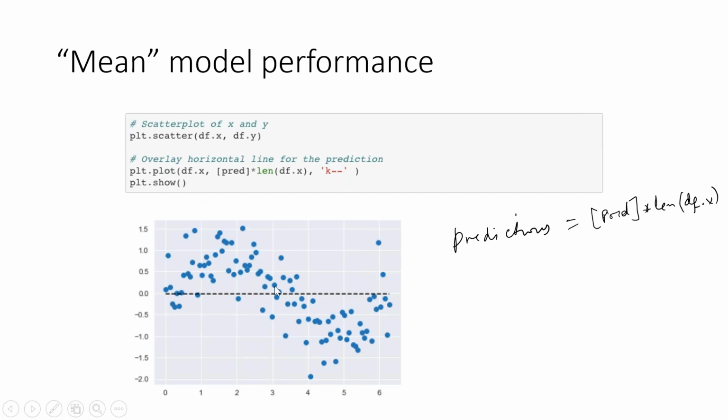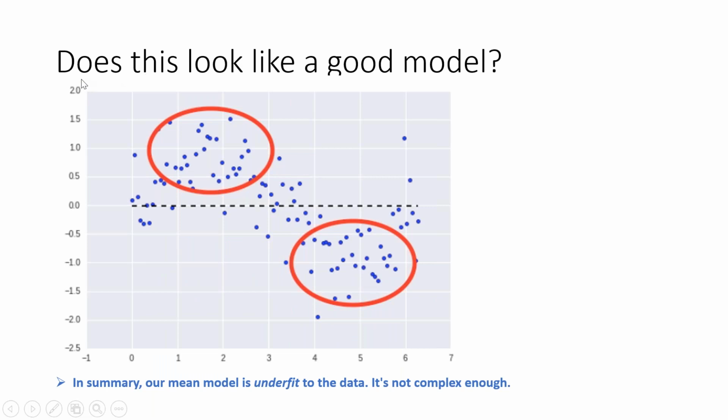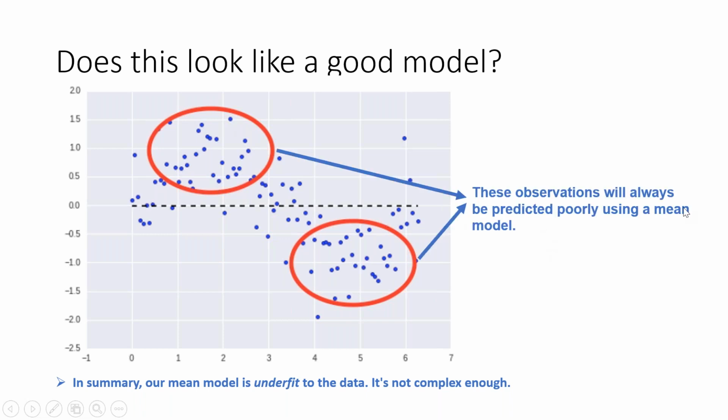So now let us evaluate this. The problem is this: does this look like a good model? No, especially for x values from 1 to somewhere around 3. It is not capturing anything well. These observations will always be predicted poorly using a mean model.